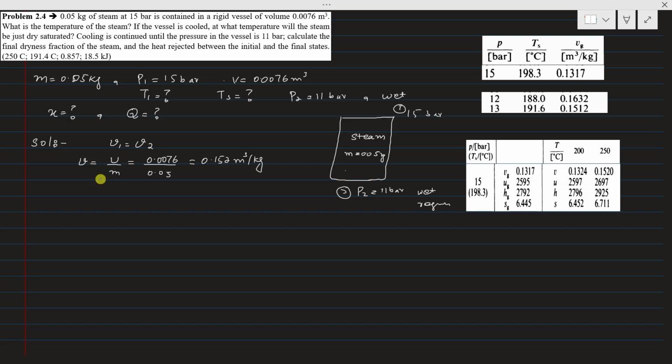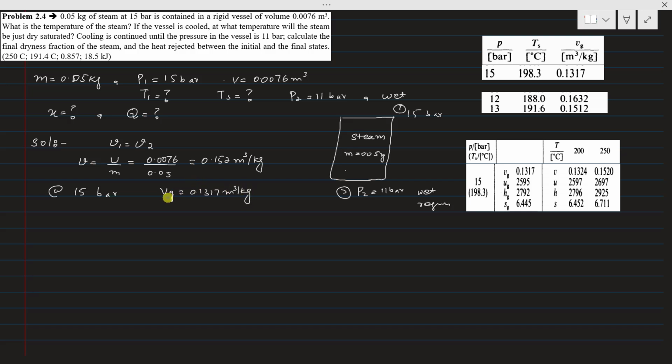Now from the saturated steam table at 15 bar, look at the saturated specific volume. The Vg value is 0.1317 meter cube per kg.